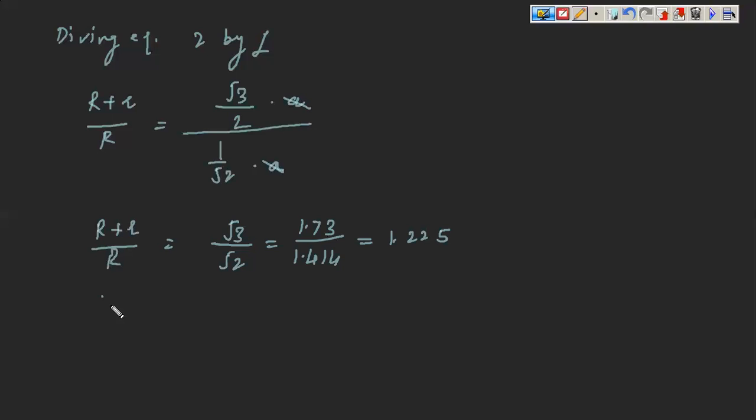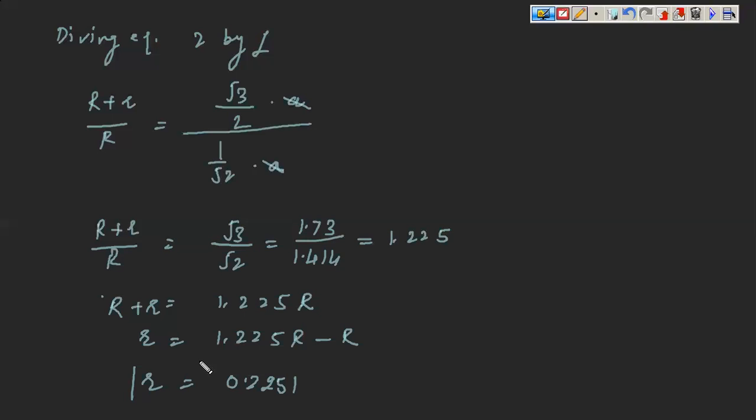Now cross multiply: capital R plus small r is equal to 1.225 into capital R. Small r is equal to 1.225 capital R minus capital R, and what we will get, small r is equal to 0.225 capital R.